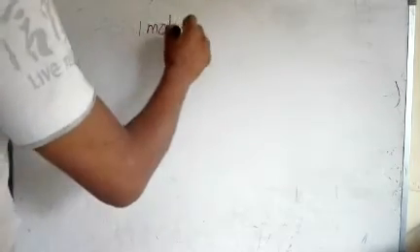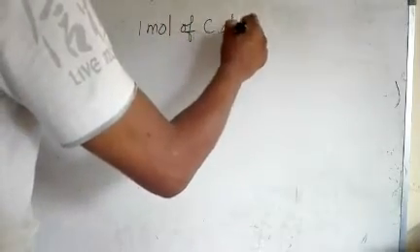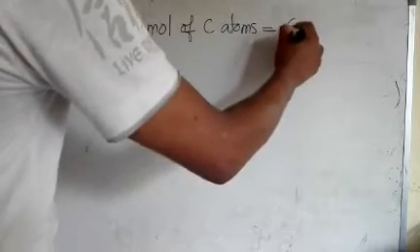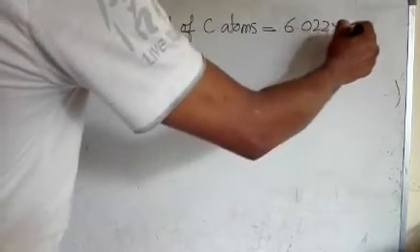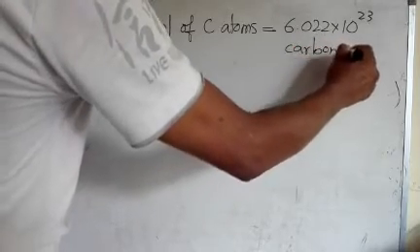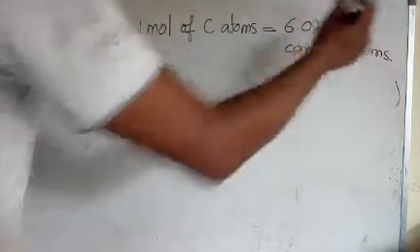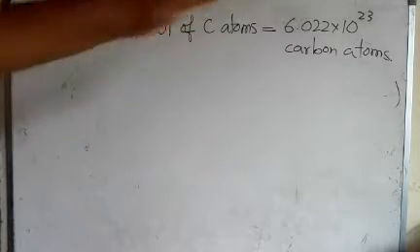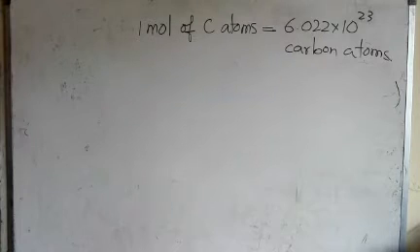So if we say 1 mole of carbon atoms, the meaning is Avogadro number of carbon atoms. One mole of carbon atoms is this number of carbon atoms.